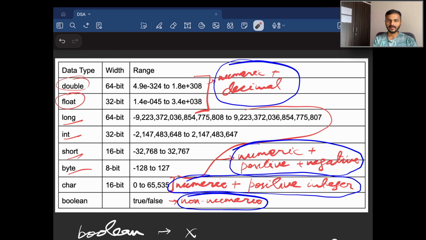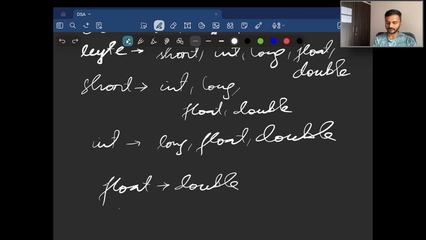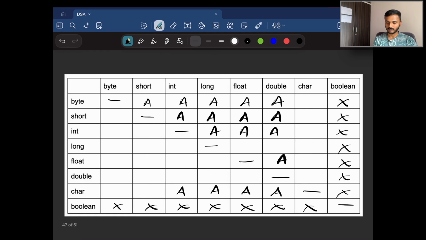And because of that, plus the fact that we can store integers in float and double, we can store whatever value is there in long in float or double, which means that long is compatible with float and double. So let's mark it here as well.